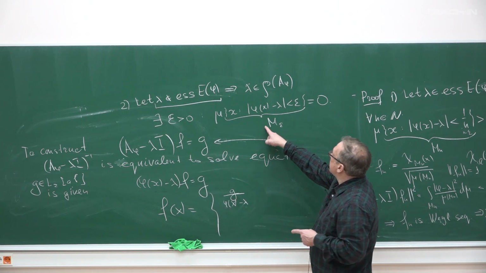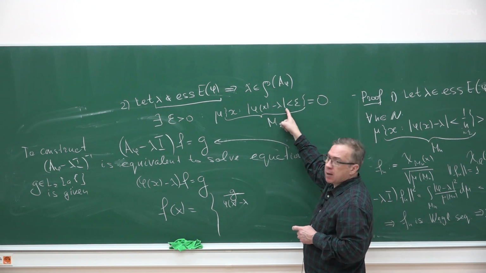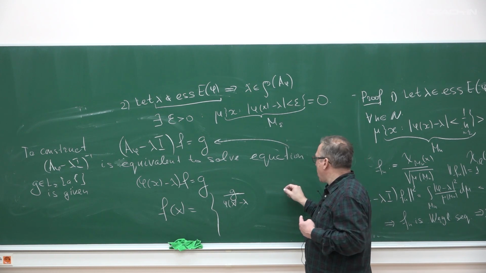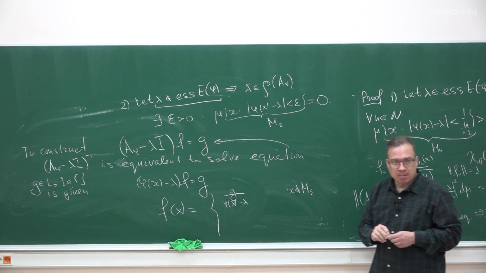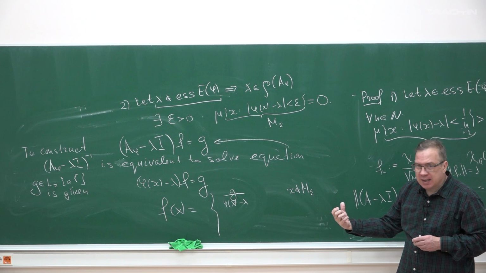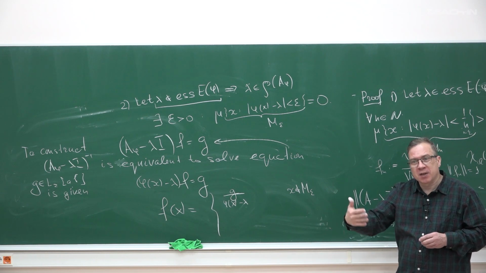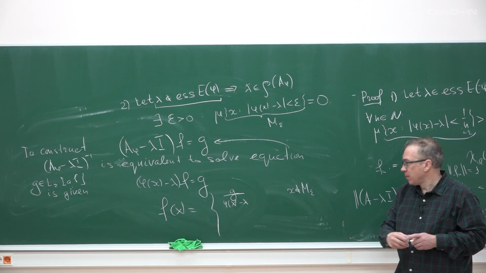Let's look at the definition of M epsilon: absolute value of phi of x minus lambda less than epsilon. So if x does not belong to M epsilon, the difference phi of x minus lambda is apart from 0. It is greater than 1 over epsilon. So you can divide on this set.